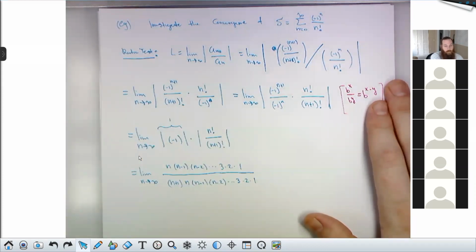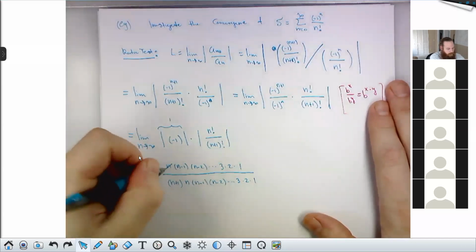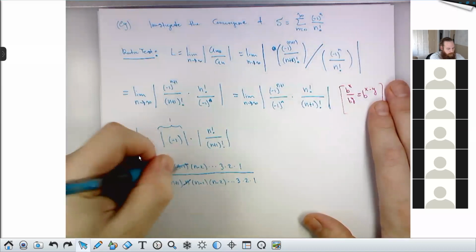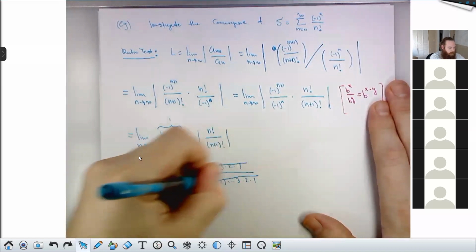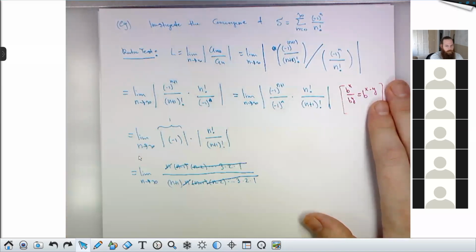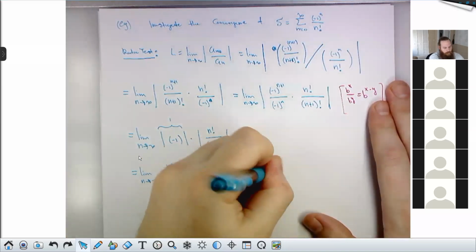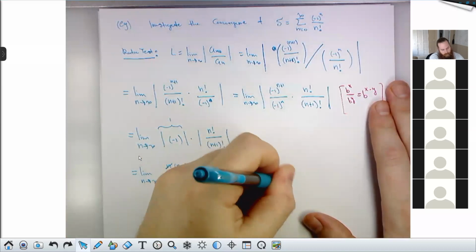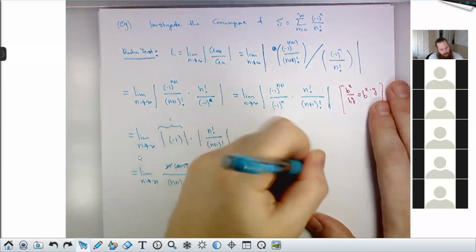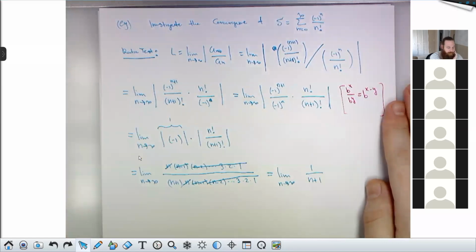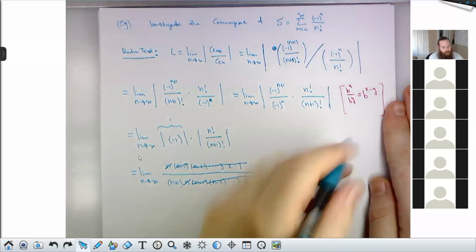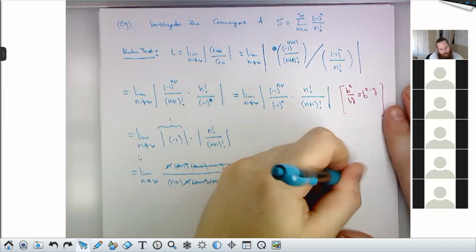And you can see that there is a boatload of cancellation here. The n's cancel, the n minus 1's cancel. This whole chunk cancels. So you end up with limit n to infinity 1 over n plus 1. As n goes to infinity, n plus 1 goes to infinity, so that's 1 over infinity, that's 0.